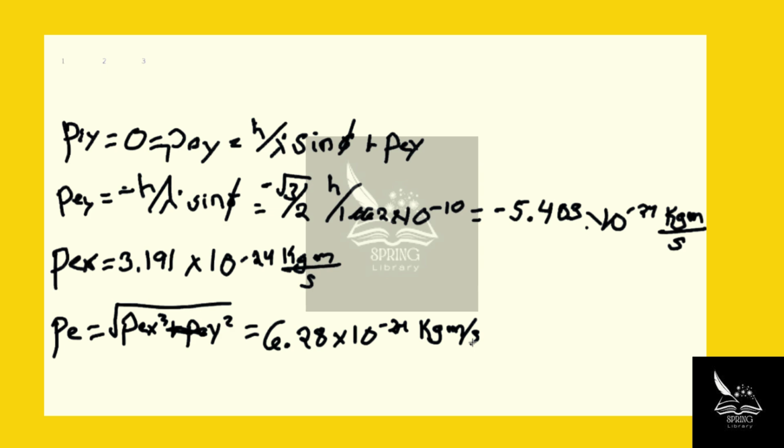And now for the angle, we know that the tangent of the momentum angle is P e y over P e x. So theta, this angle, is the inverse tangent of that fraction.